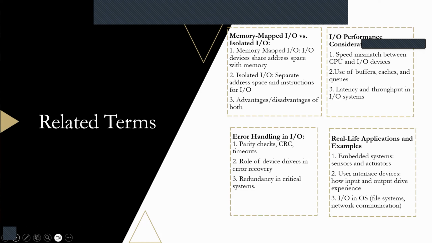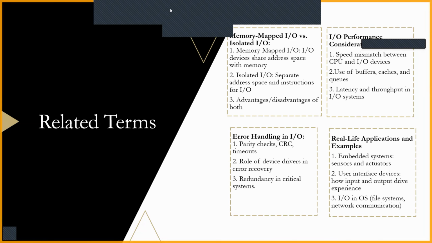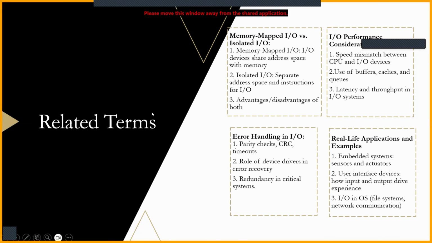Yeah, I'm done. Next, memory-mapped input output versus isolated input output. Memory-mapped devices share address space with memory, and in isolated input output, they have separate address space and instructions for input outputs. And then we have the advantages and disadvantages.